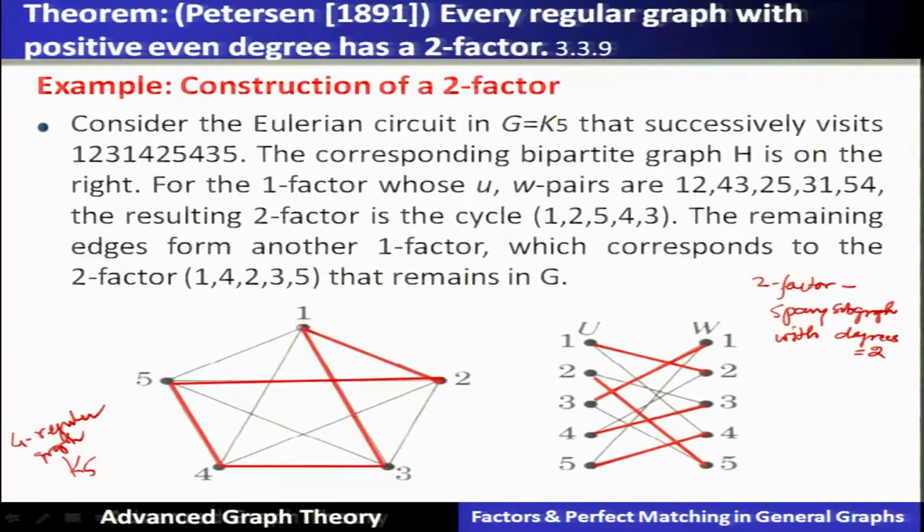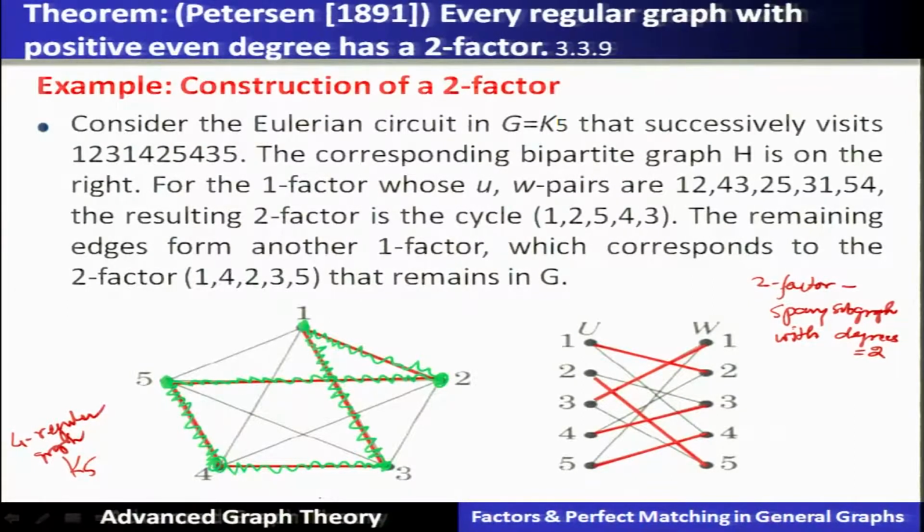Let us start from vertex number 1, we can reach vertex number 2, from 2 we can reach 5, from 5 we can reach 4, from 4 we can reach 3, from 3 we can reach 1.